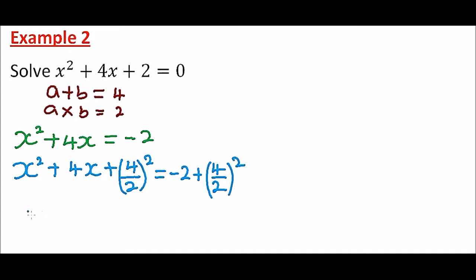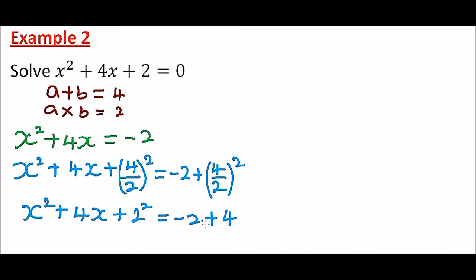So this is x squared plus 4x plus 2 squared is equal to minus 2 plus 2 squared, which is the same as 4.